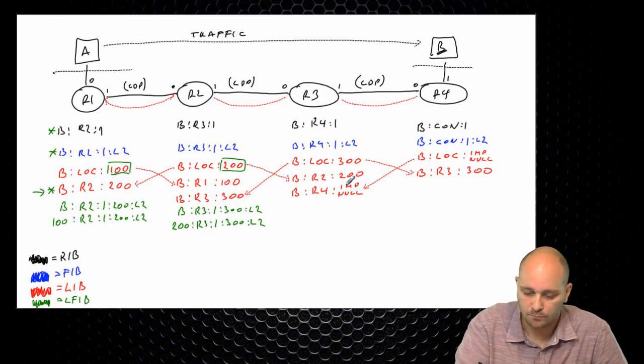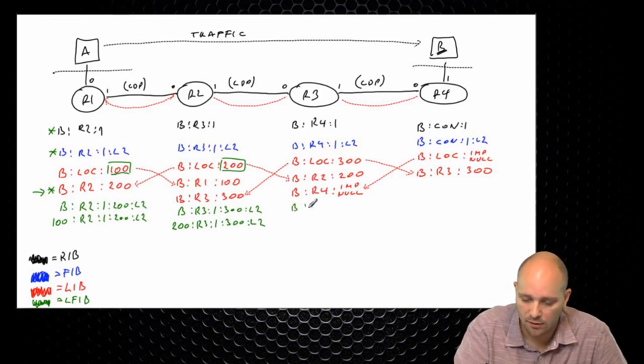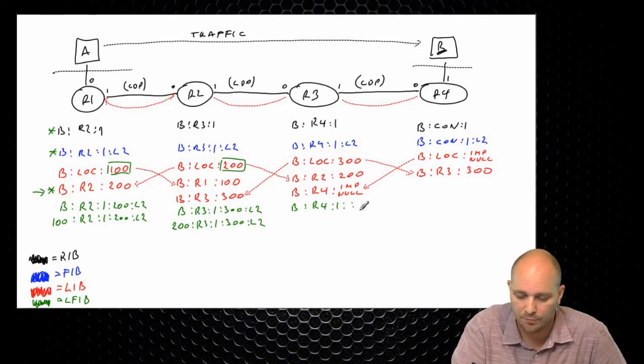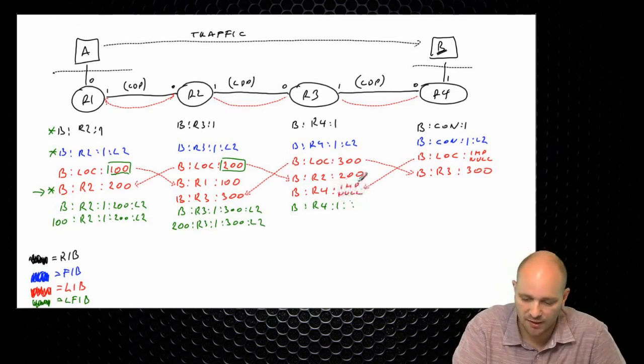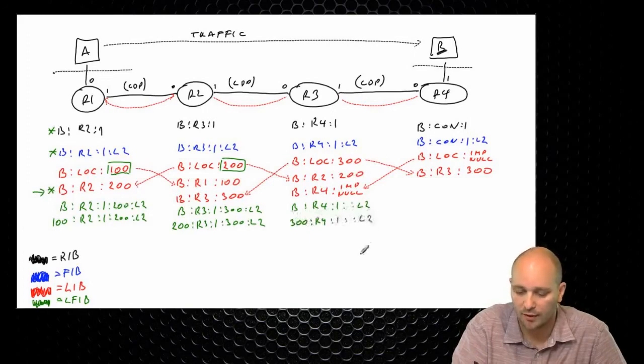Same thing here on R3: B is reachable through R4 out of interface 1 with no label. The implicit null means do the pop, so there is actually not going to be a pop label, it's going to be nothing there. Implicit null will be visible here, which is why we have no label. And use the following layer 2 parameters. Also, if you receive traffic labeled with 300, send it to R4 out of interface 1 with no label with the following layer 2 parameters.